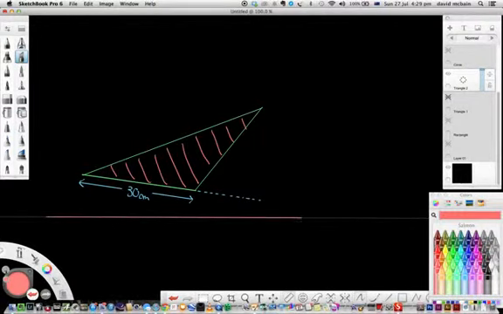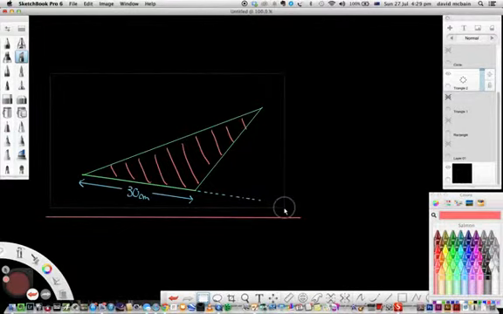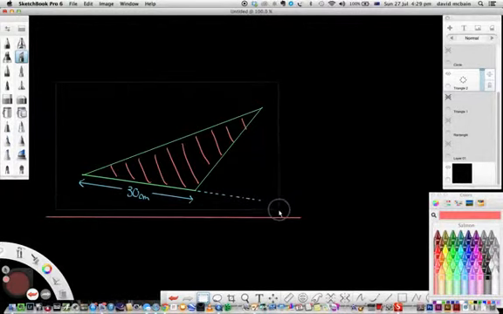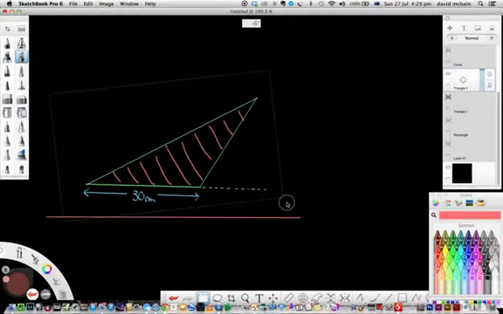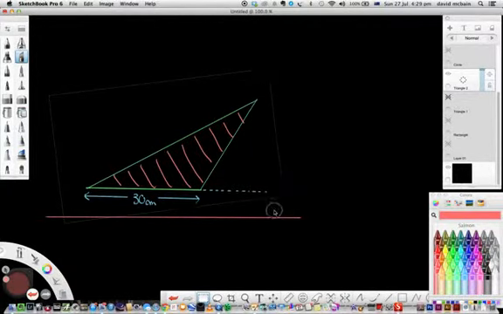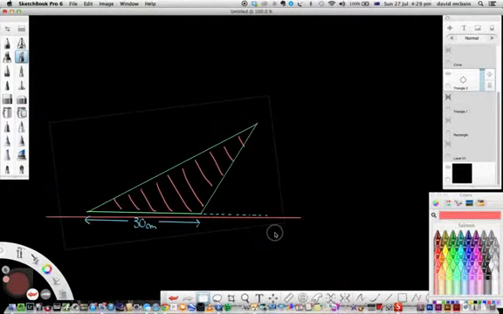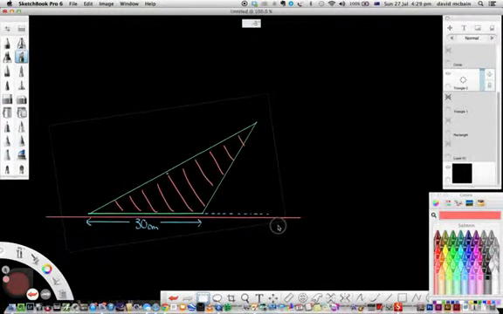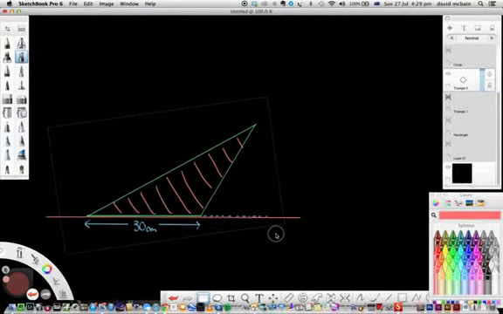So there's my ground, and I'm going to grab my triangle and rotate it so that the side that we know is now, it's not quite turned around enough, is it? So that side is now on the ground.